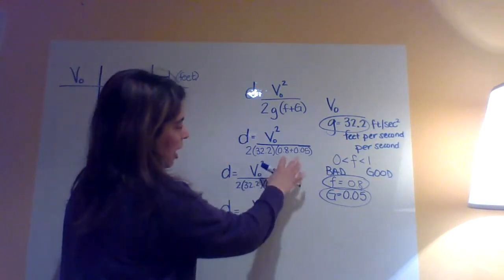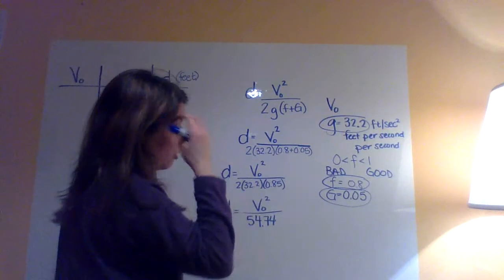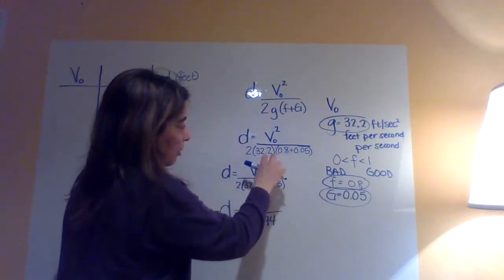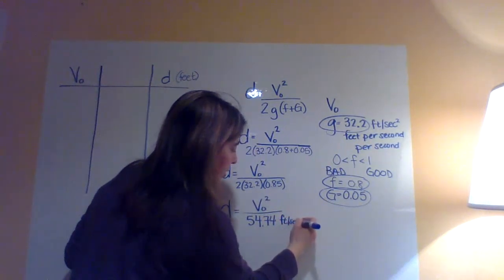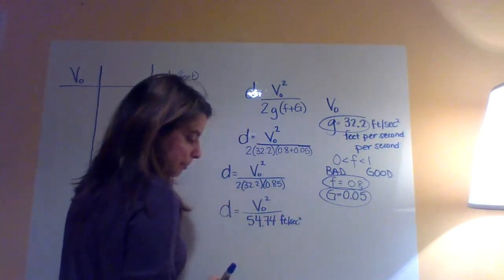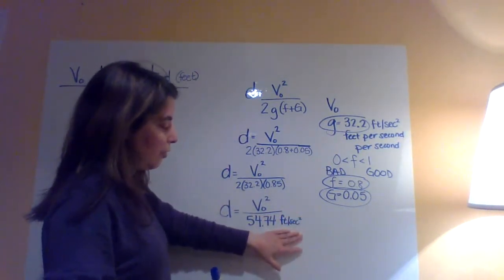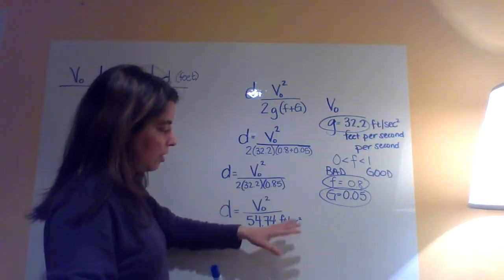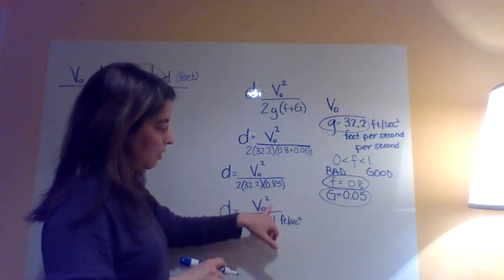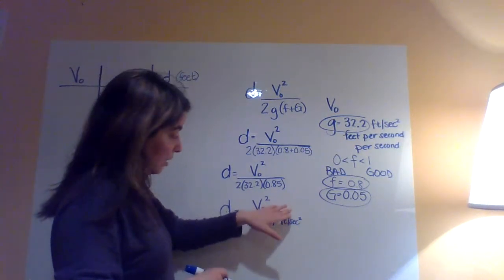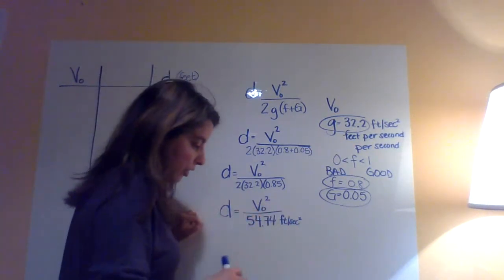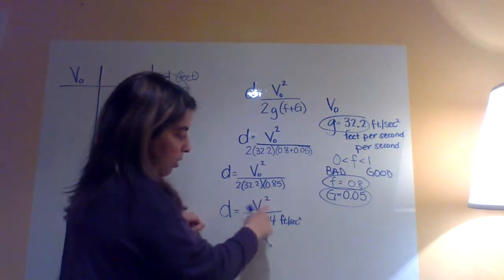Now, your f and your g actually don't have units on them, so it picks up the units of that little g. So technically this is going to be feet per second squared on the bottom. And if you think about that, you can see this would be feet per second also, and I would have that whole thing squared.